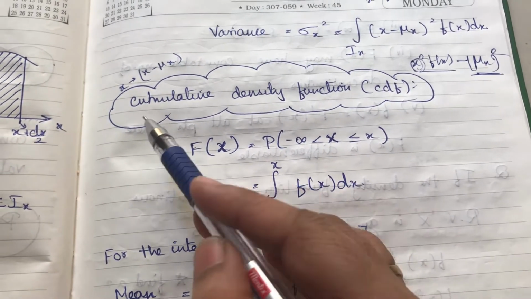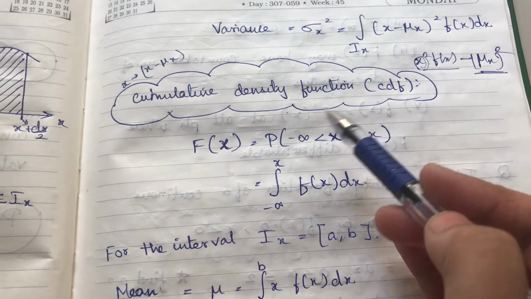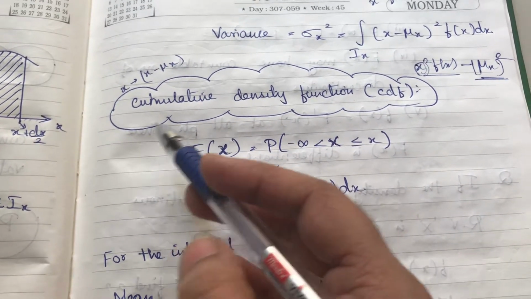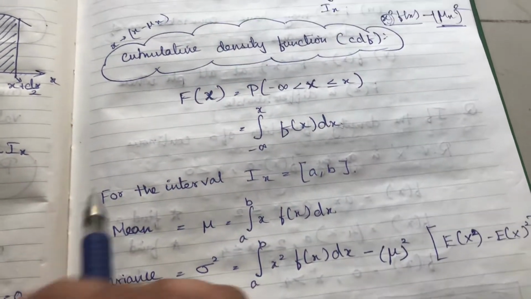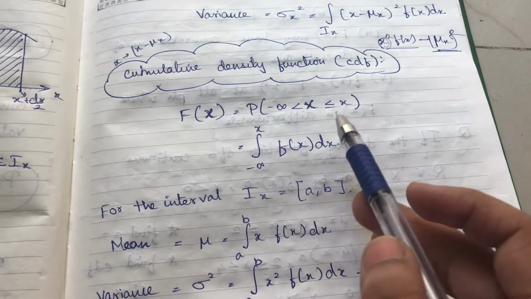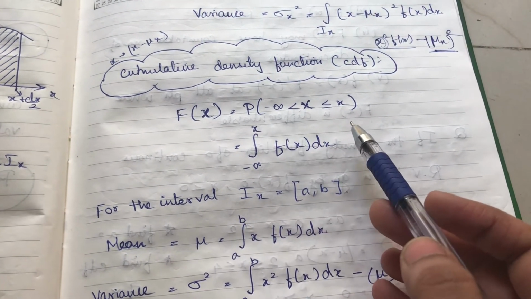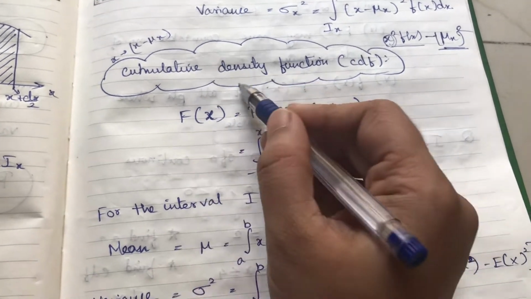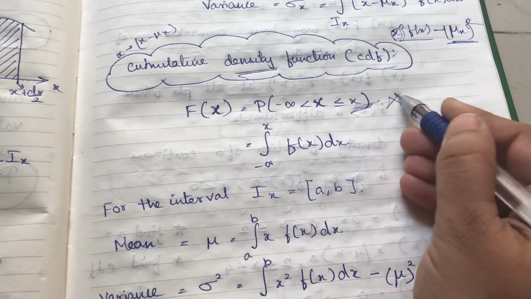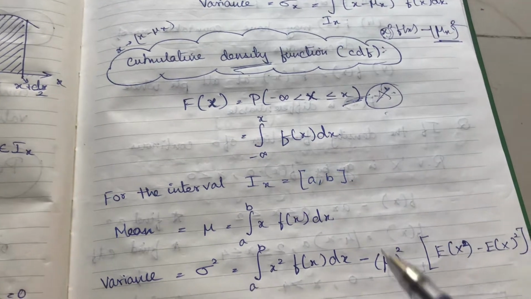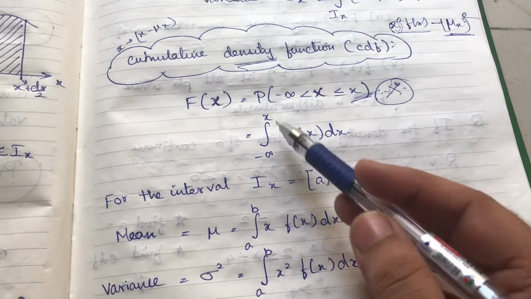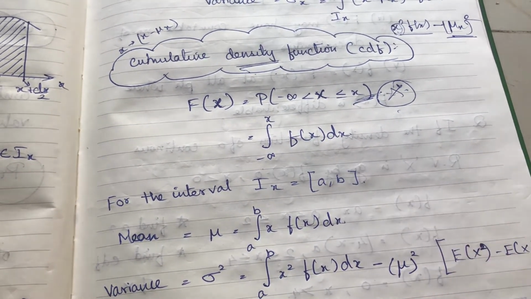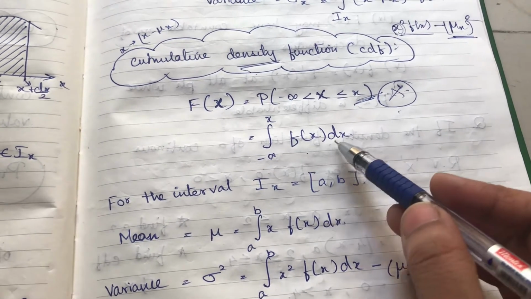And next is the cumulative density function, which is nothing but the addition. They have given f of x with the limit from minus infinity up to x only, which is important. So we write the integral from minus infinity to x of f of x into dx.